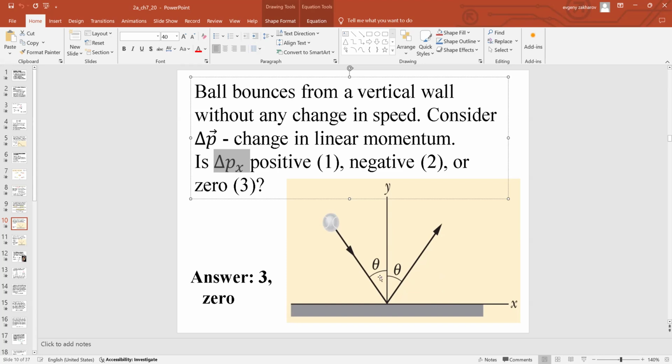You change the direction in terms of vertical component, but x-wise, you don't have any changes. That was the component before. That's the component after. Same direction. They're both positive and same magnitude. To be more specific, if this is theta, then this is theta. So it would be sine. So mv sine theta and mv sine theta here as well. So initial would be the same as final and no change overall.